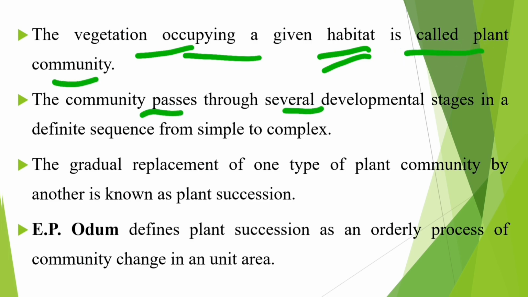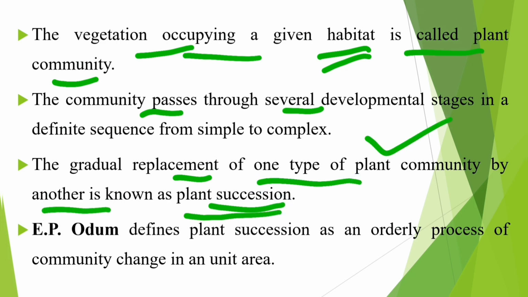A community passes through several developmental stages in a definite sequence, one after another, from simple to complex, to more stable. The gradual replacement of one plant community by another is called plant succession.